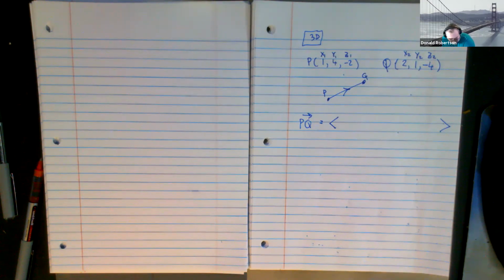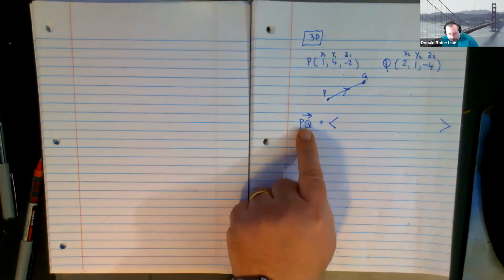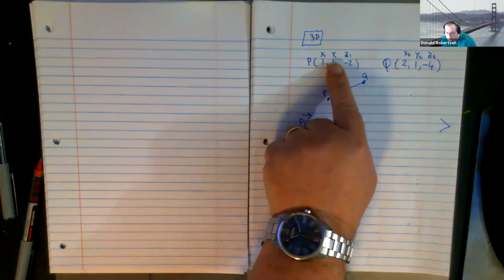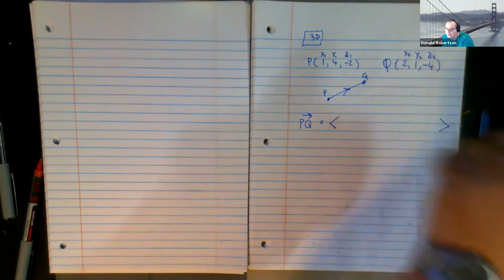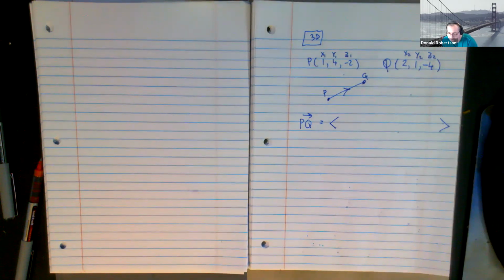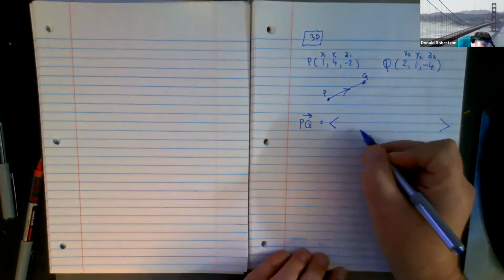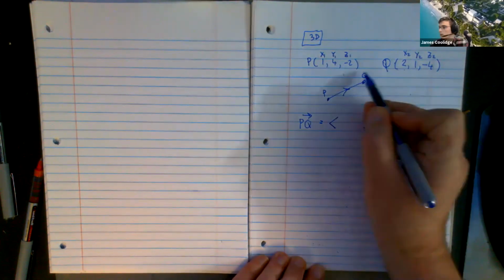What formula do you think you would use to find a vector joining P to Q, involving all these x1s and y1s and x2s and z2s?